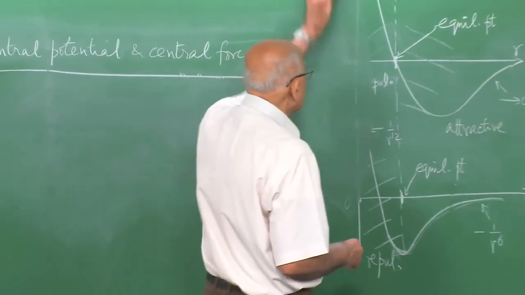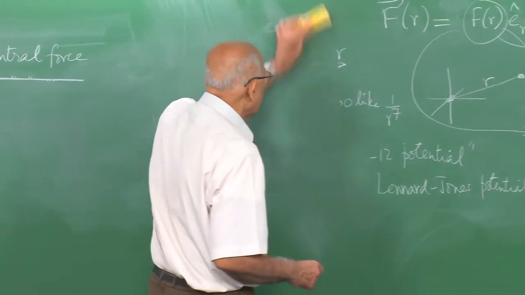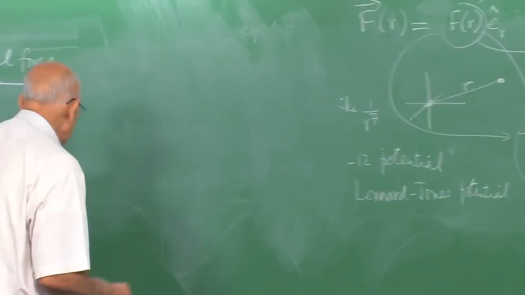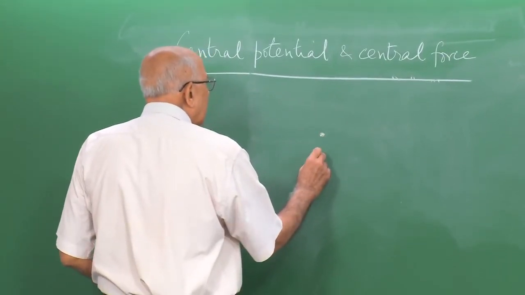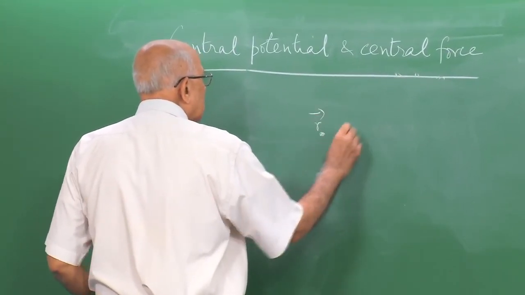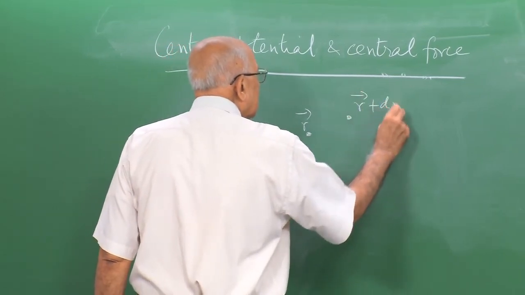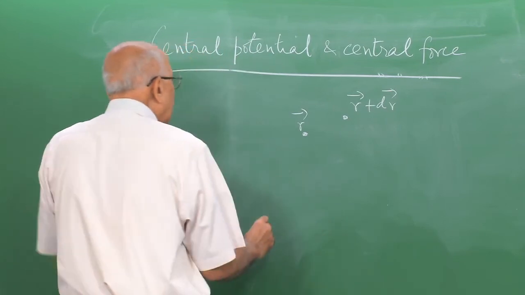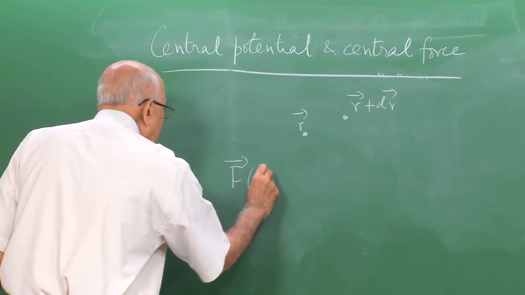Meanwhile, for a conservative force, there is one very important property which is crucial, and that's as follows. I already mentioned that if you have a potential at every point, so here is r, here is r plus dr, say, and the force that's acting on your particle or object is f of r.